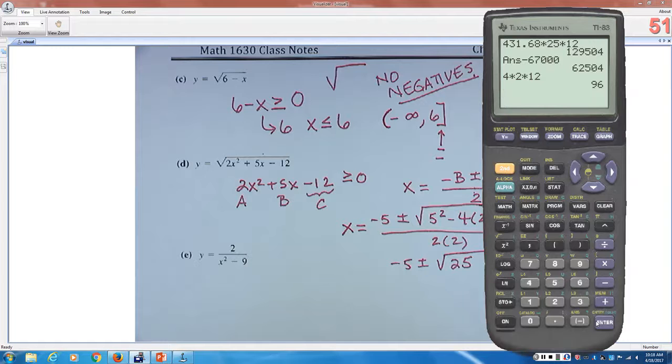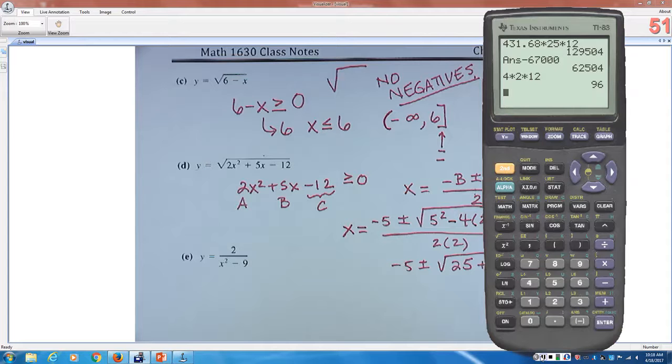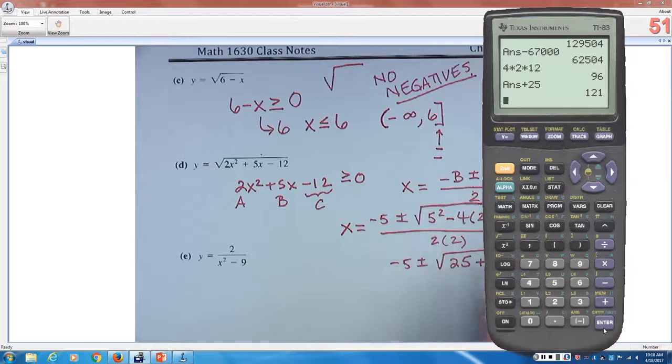Yeah, and it's positive 96 because this is negative times negative. So if I add 25 and 96, that's 121.